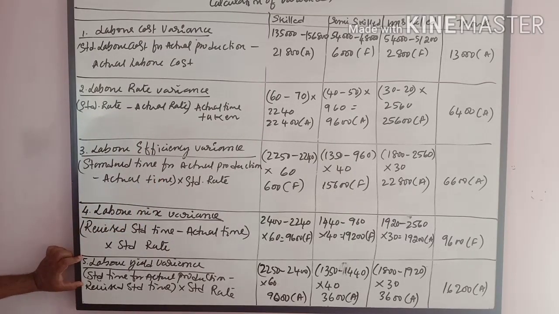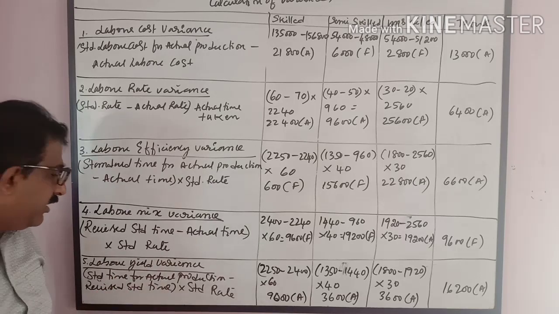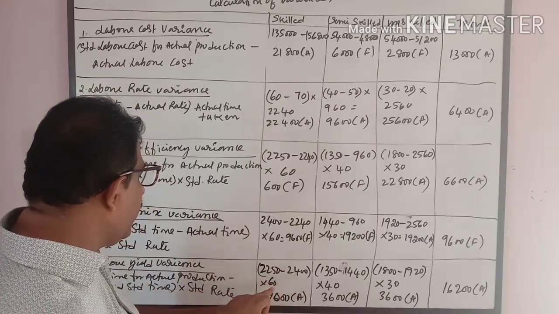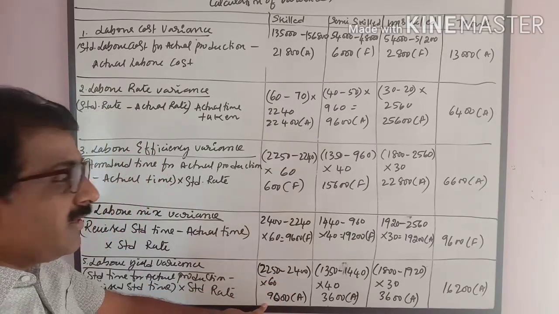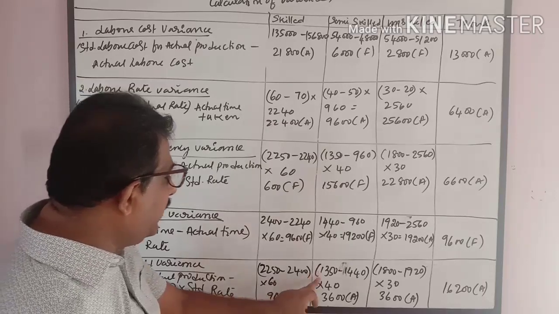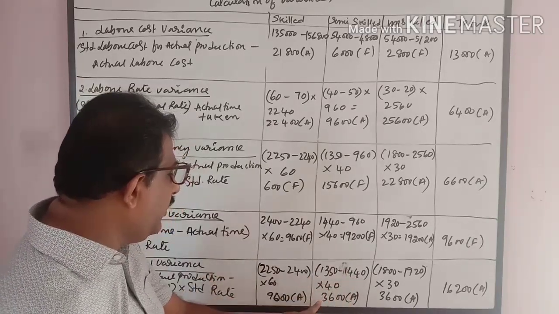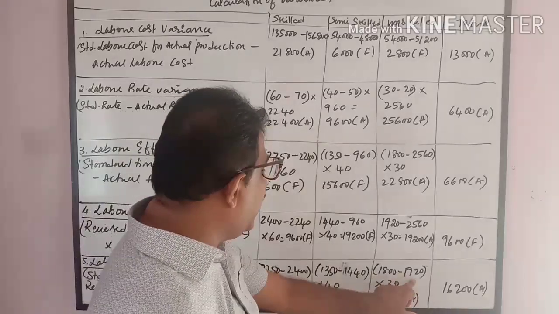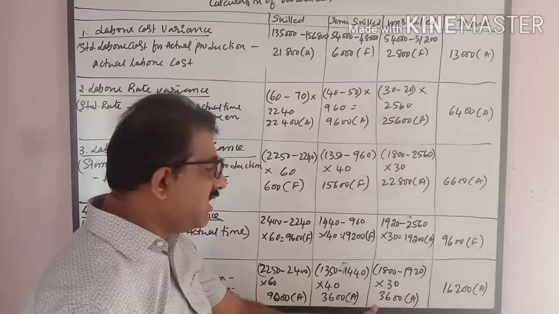This was not asked in the problem, but there is a possibility of it being asked, so I worked out the labor yield variance as well. Labor yield variance is standard time for actual production minus revised standard time into standard rate. 2250 minus 2400 into 60 results in 9000 adverse. 1350 minus 1440 into 40 is 3600 adverse. 1800 minus 1920 into 30 is 3600 adverse.